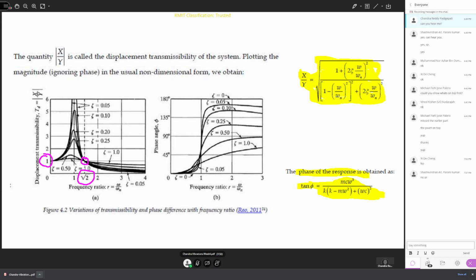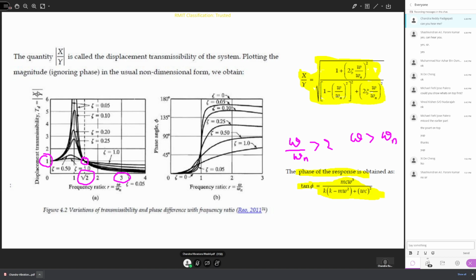And if you really want to reduce the displacement transmissibility, the frequency ratio must be very high. So omega over omega n should be greater than 2, or you can say that omega should be much greater than omega n.